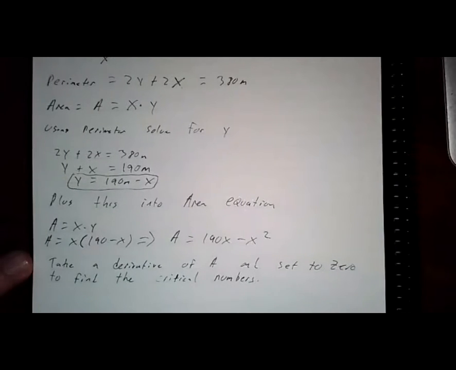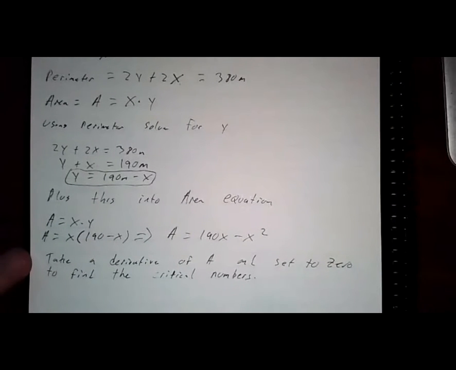You said take the derivative of A. Yeah, with respect to x. Take a derivative of A and set it to 0 to find the critical numbers. Maybe I wrote too fast there. I'll try to be a little more neat.